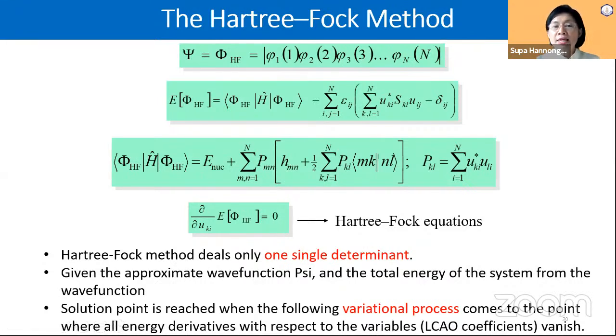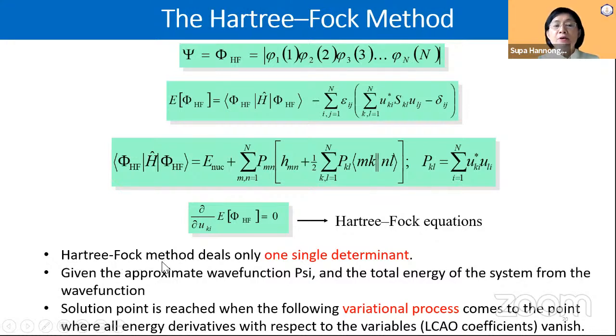And if so, we can solve the Schrödinger equation. Therefore, in order to do this step, as I explained to you, we call it the Hartree-Fock equation or the Hartree-Fock method.